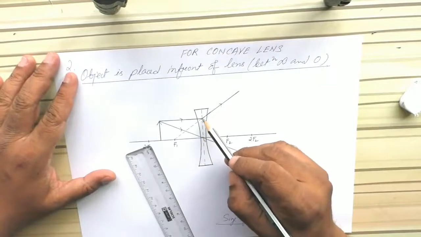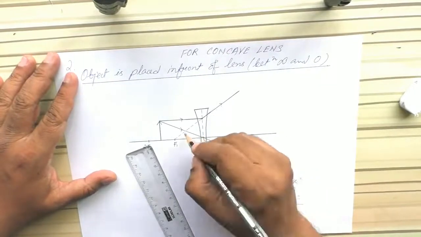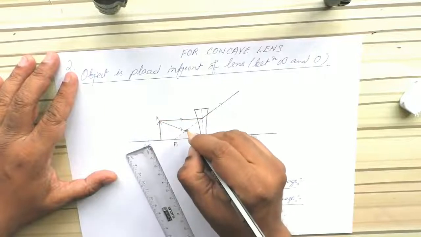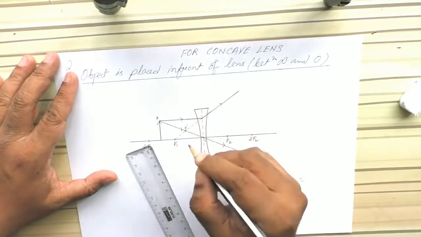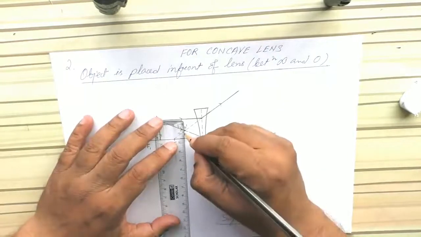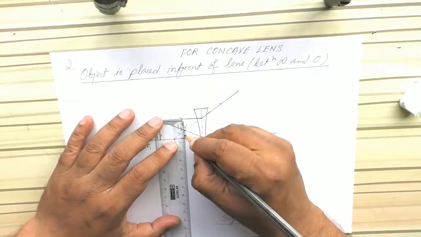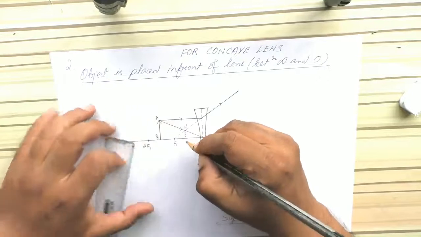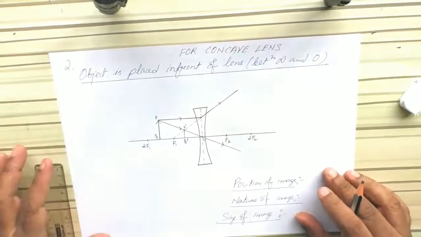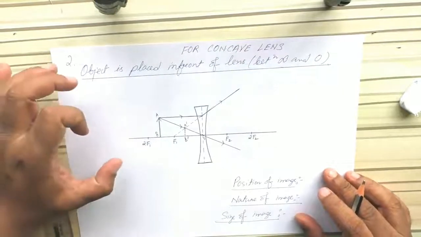And these two refracted light rays appear to diverge from this point. So if this is A, this will be the image of A, we can consider A dash. If this is B, and if we draw the perpendicular here, virtual image, so dotted line. So A dash, B dash will represent the image of AB.